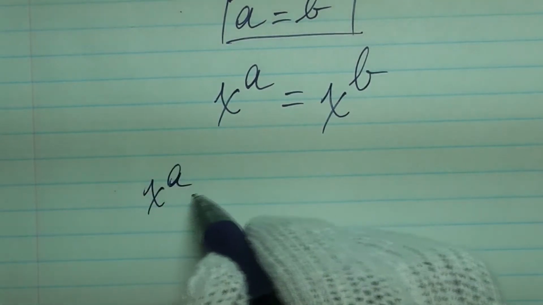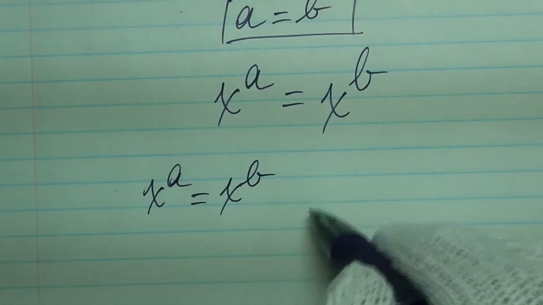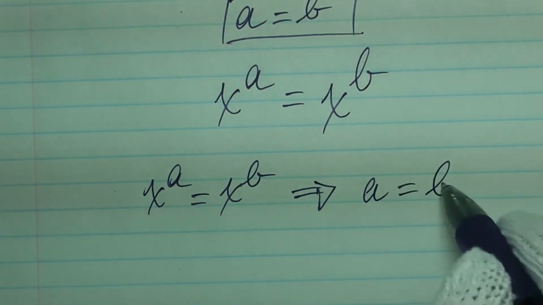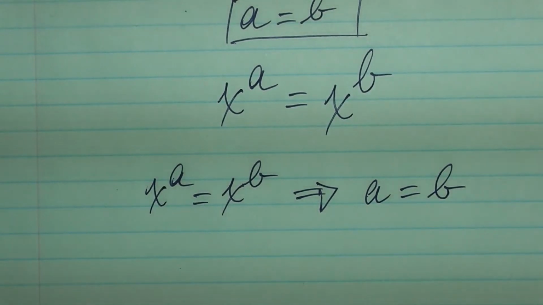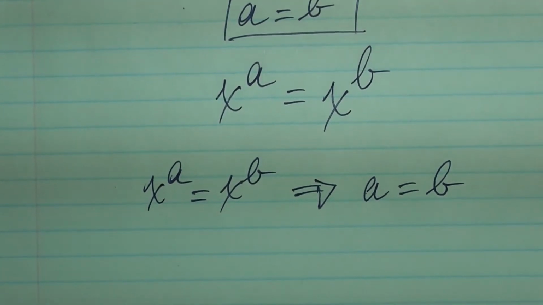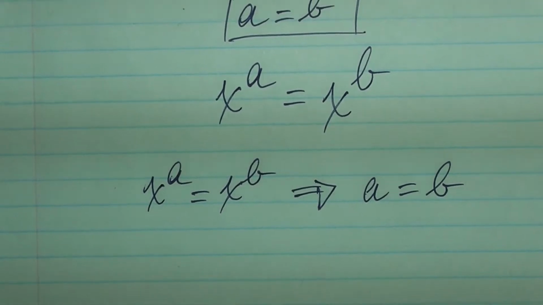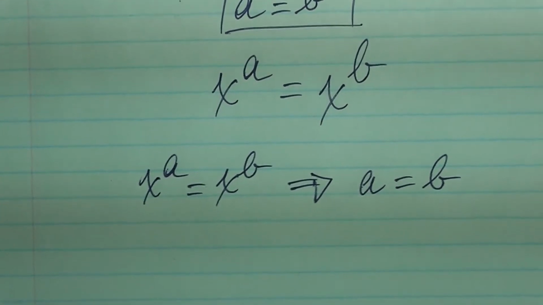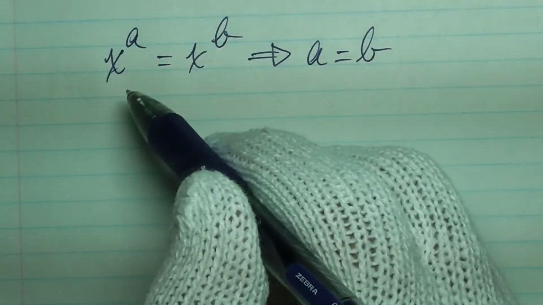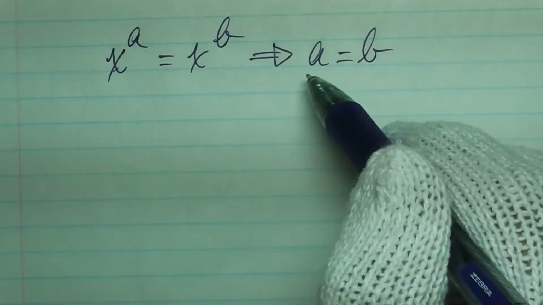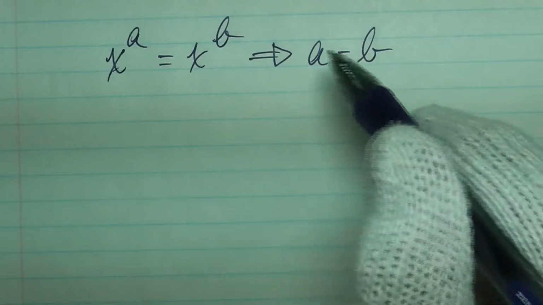If x to the a is equal to x to the b, then a is equal to b. So if we have an equation x to the a equals x to the b, that tells us that we can also say a is equal to b.